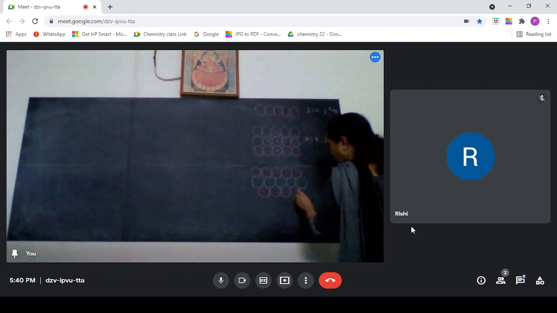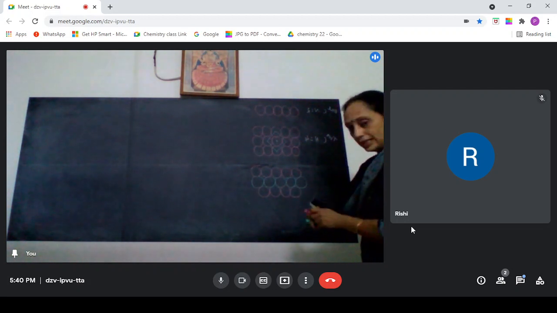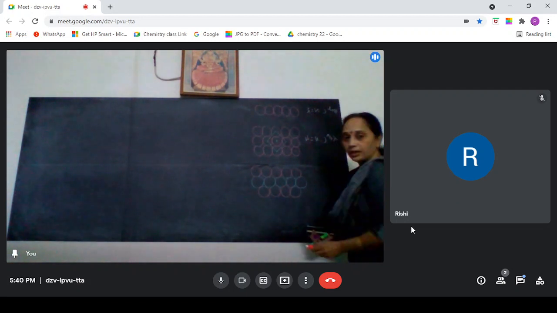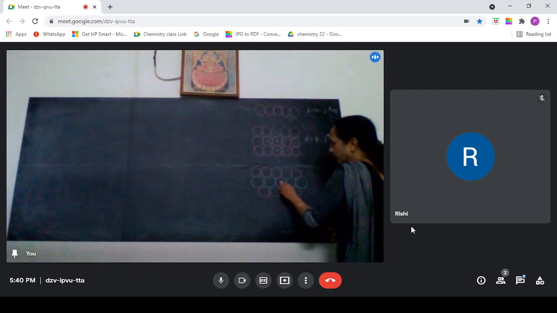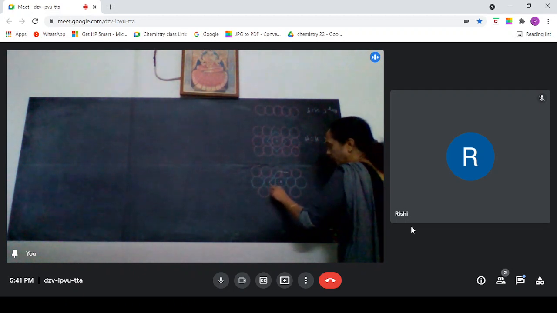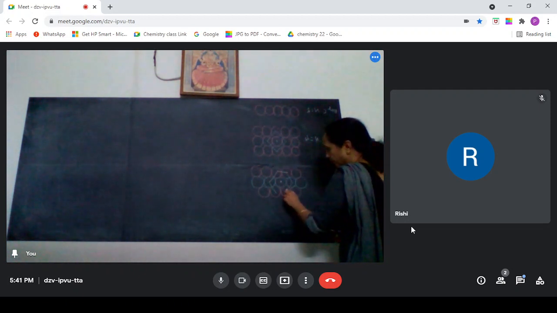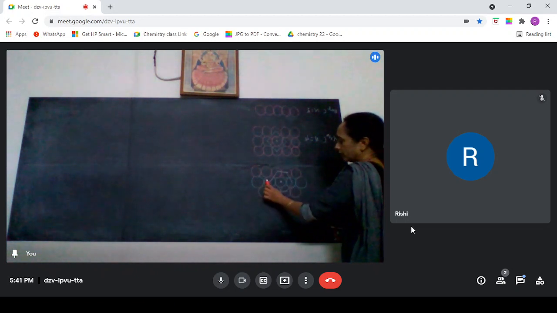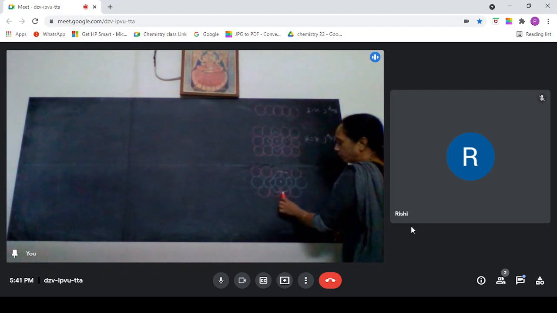I'll just show you. So, now if you consider this as the particle, the coordination number will be, see, it is touching 2 in the same layer, 2 above, 2 below.